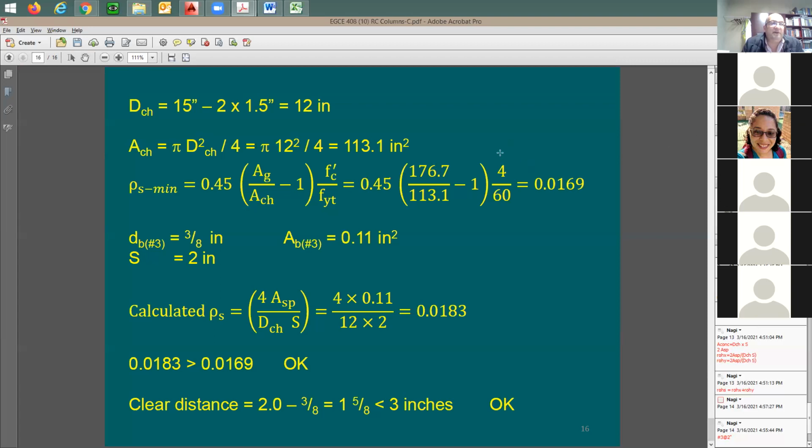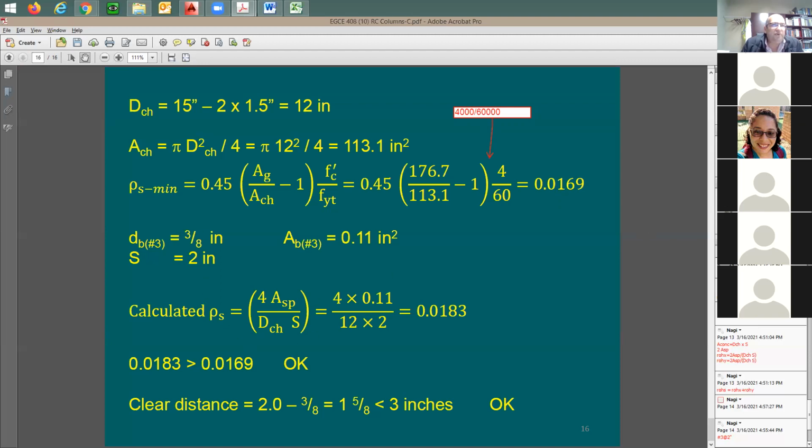If I said 4,000 divided by 60,000, it's going to be the same answer as if I said 4 divided by 60. But once you see, especially an equation that has square root of f prime c, be careful, you cannot really use ksi. So the steel ratio here is going to be this number here, 0.01. And this is going to be both directions, volumetric steel ratio. The provided, if you recall, I have number 3 at 2 inches.